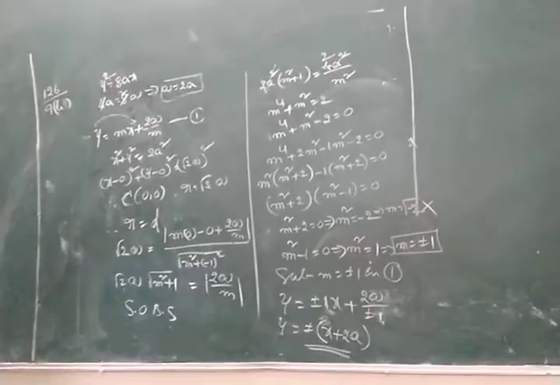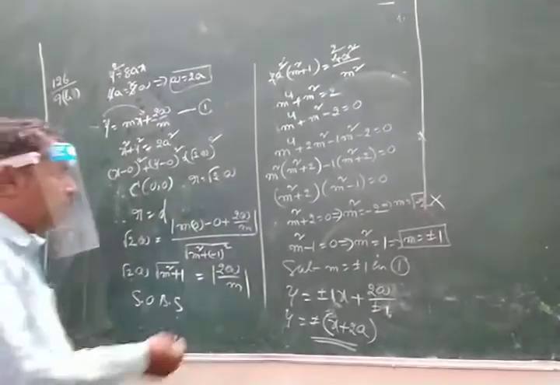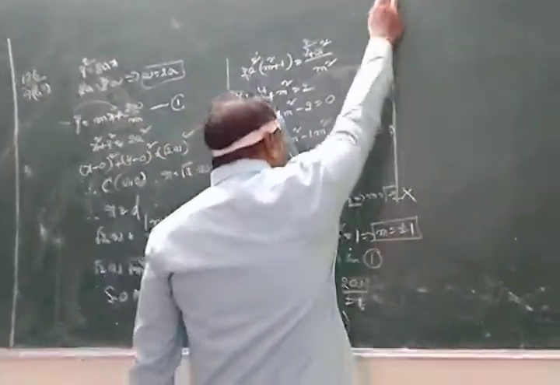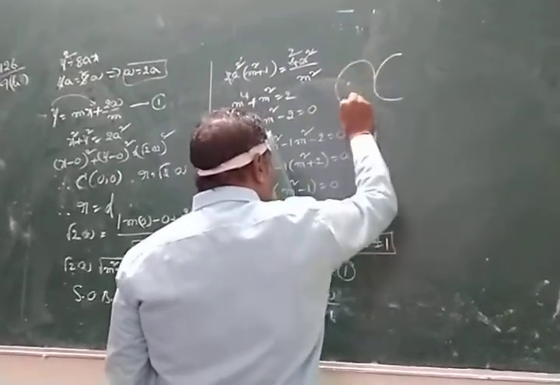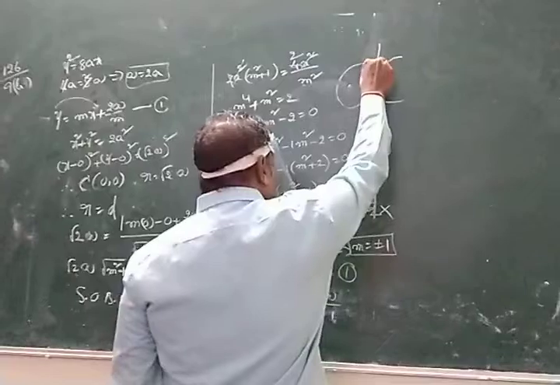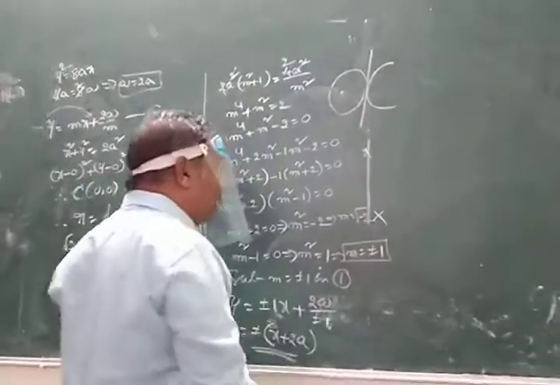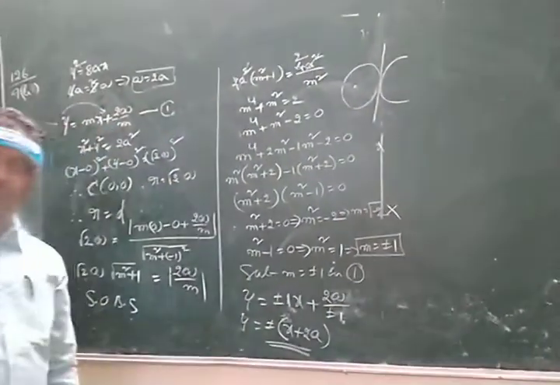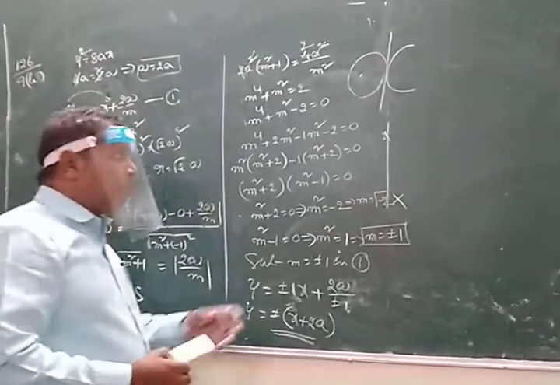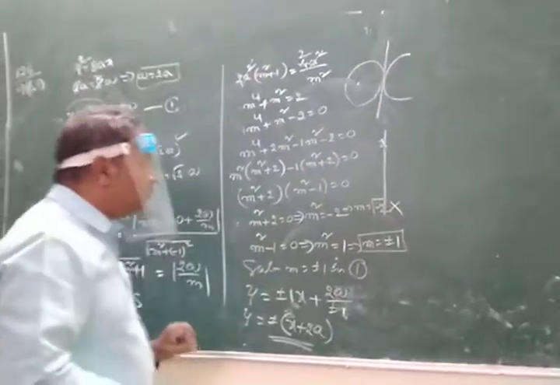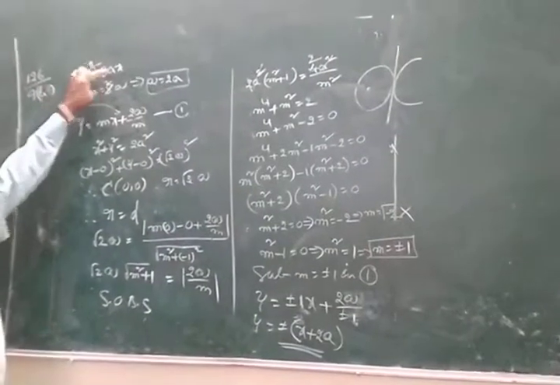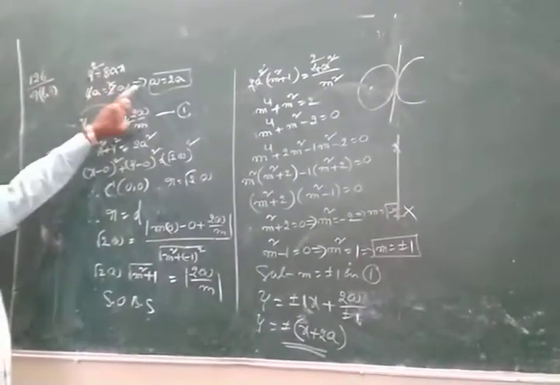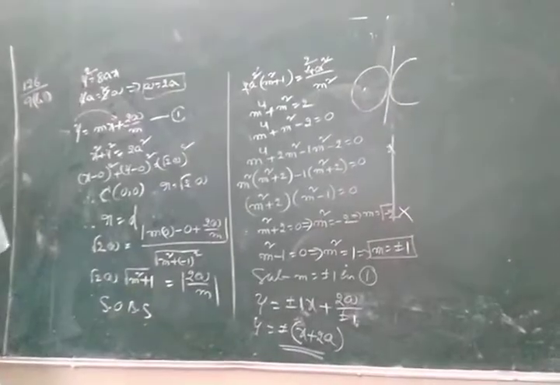Listen again. Given a parabola and a circle, find the equation of the common tangent. So first take the parabola equation, y square equal to 8ax. 4a value 8a, a value 2a.